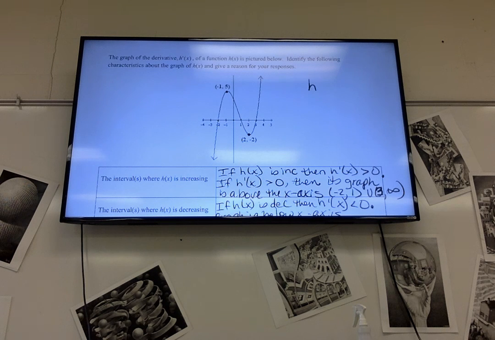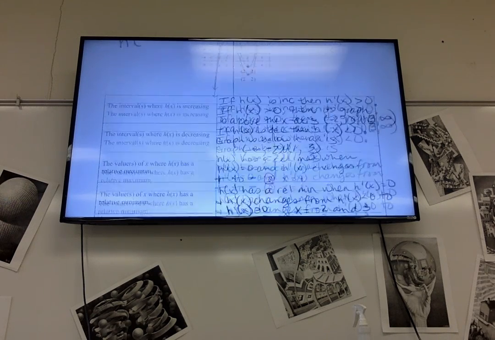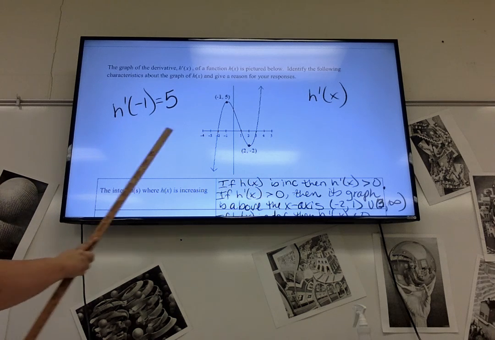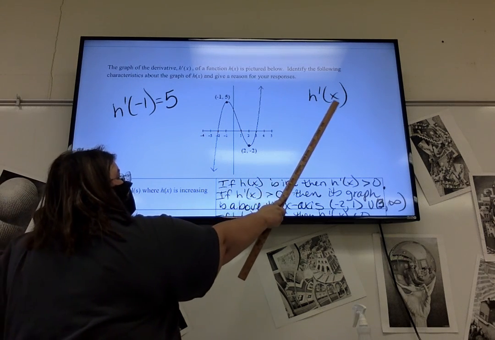What is h prime of, what was it, 1 or -1? -1. What's h prime of -1? 5. Good. Everybody wants to say 0. The slope of this graph would be 0, but this graph is h prime of x.